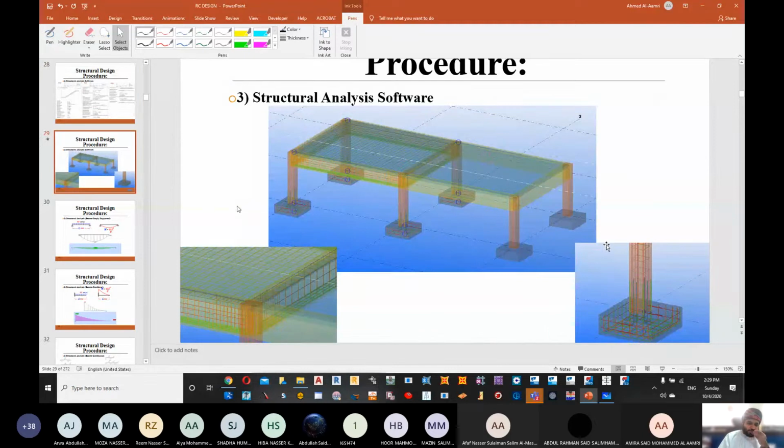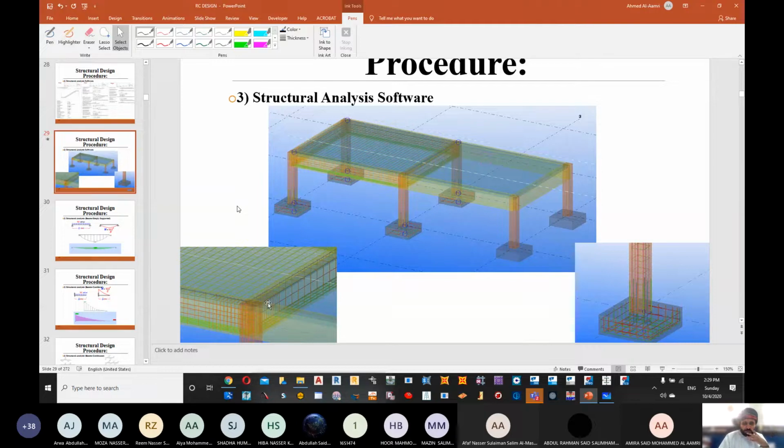Another software we might be using is Tekla Structures. This Tekla Structures is mainly used for the illustration of the reinforcement. Now you can see here how the reinforcement will look like. We always had a problem in terms of imagining how the reinforcement will look like from one element to another.